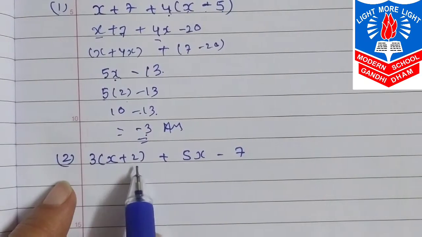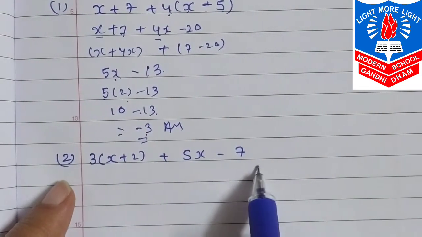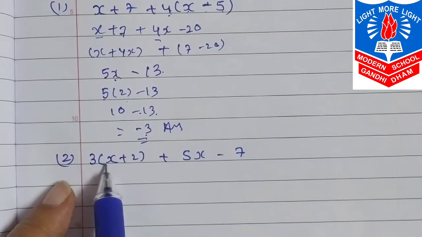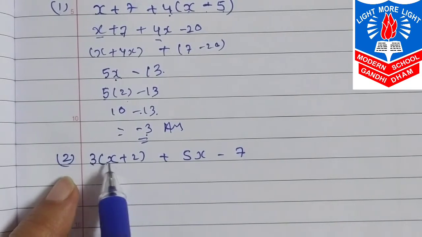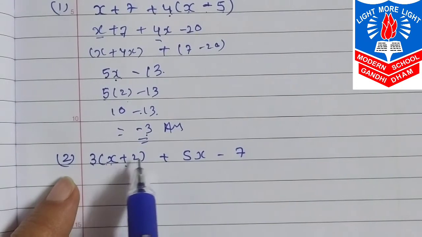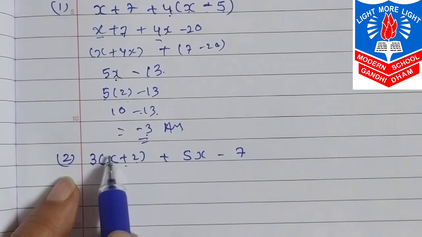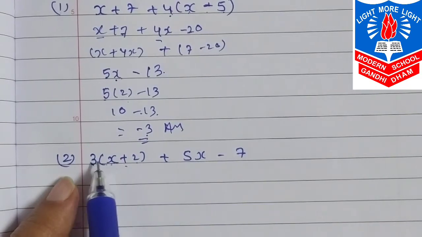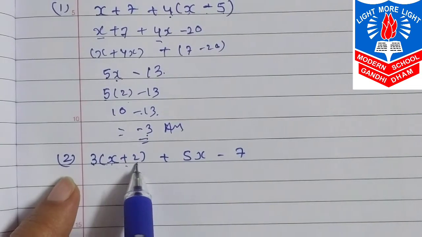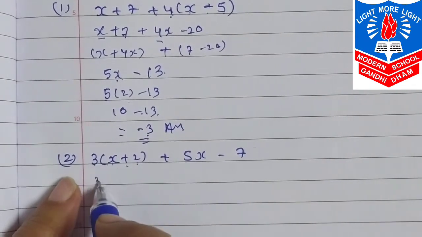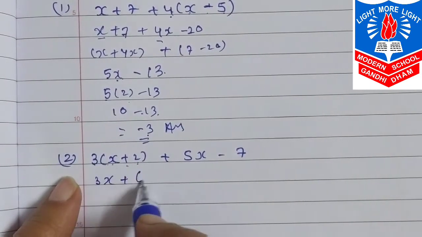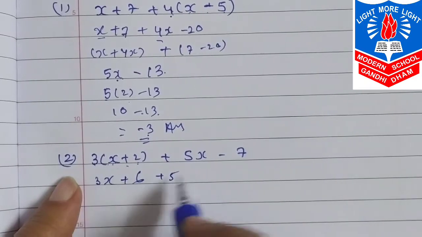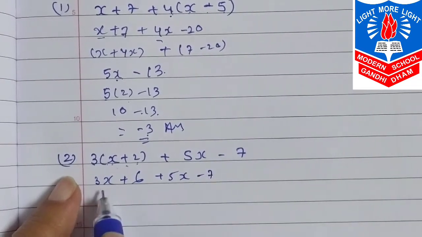Second one, 3 into x plus 2 plus 5x minus 7, this is also the same. The outside 3 is there, so we will multiply it with both, with x and also with 2. Not that you multiply only x and then write the same. No, first you multiply x, then you multiply with 2. So 3 into x is 3x, 3 into 2 is 6, plus 5x minus 7.